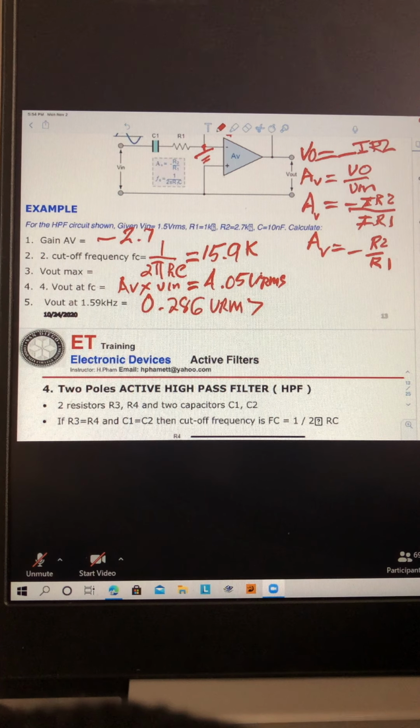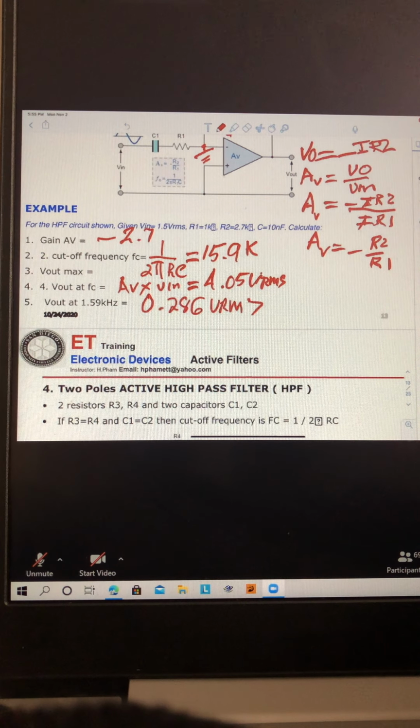Stefan, I'm sorry, how did we get this number again? How did we solve number 5? Number 5 means the cutoff frequency is changing by one decade. That means the output will go to 0.1. You take the V out times 0.1.